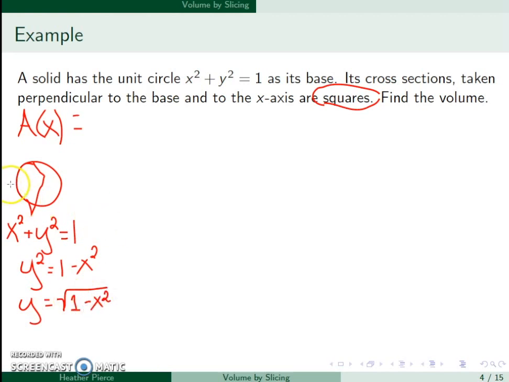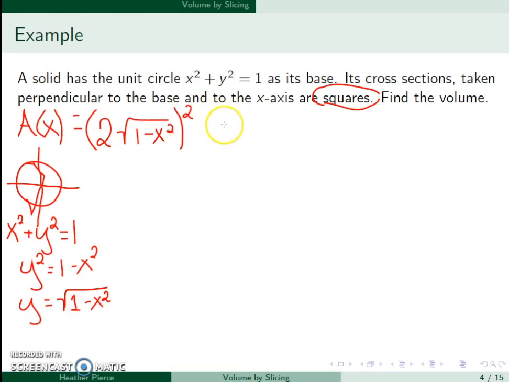So that's what y is. In reality, if I look at my axes, y would just be half of this circle. It's not the entire circle. So I would need to multiply this by 2. So I have 2 square root of 1 minus x squared, and that's the length of one side. So we would square this.